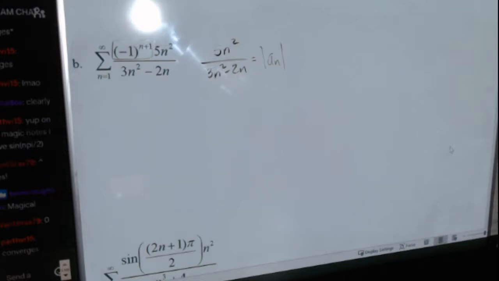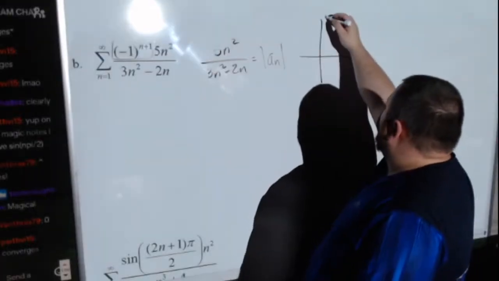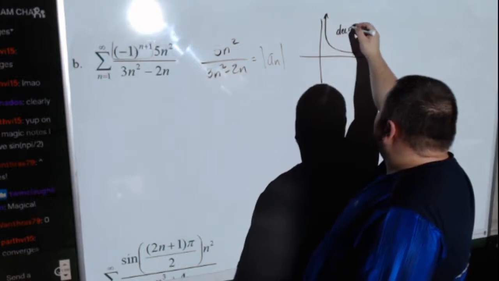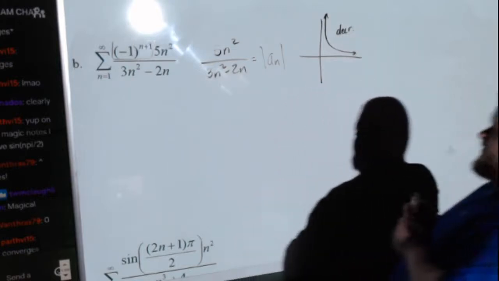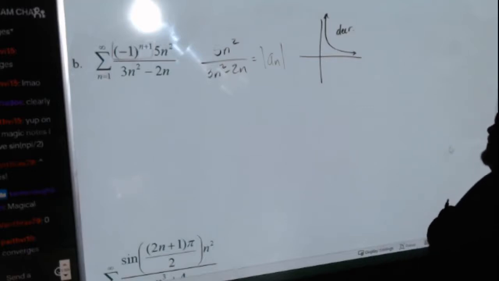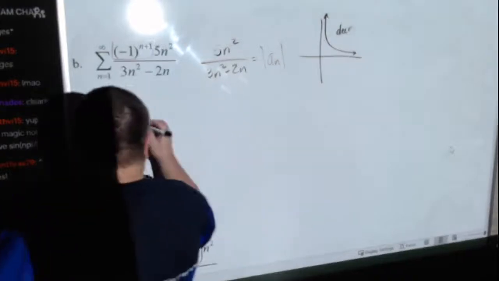Alright, so if we look at the portion that starts at 1, that function, again, follows this trend. So decreasing. That's the first part. Second part is show that the limit of the absolute value of a sub n approaches 0.